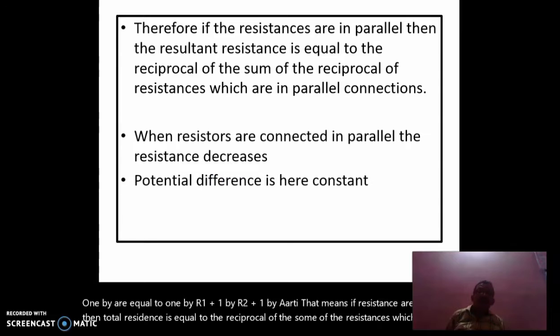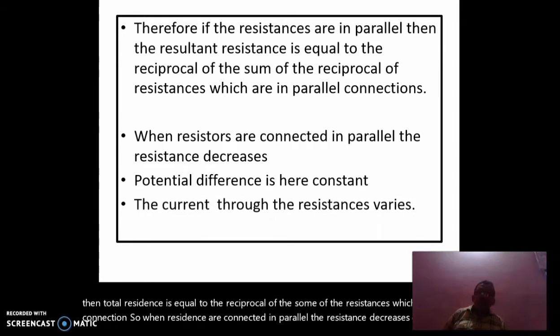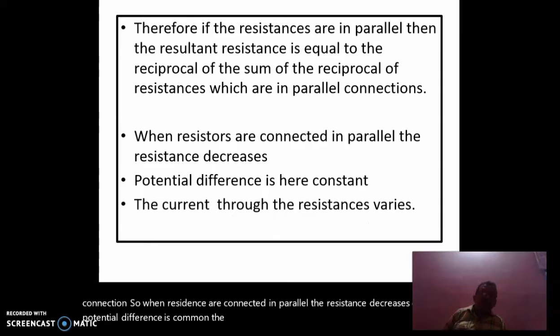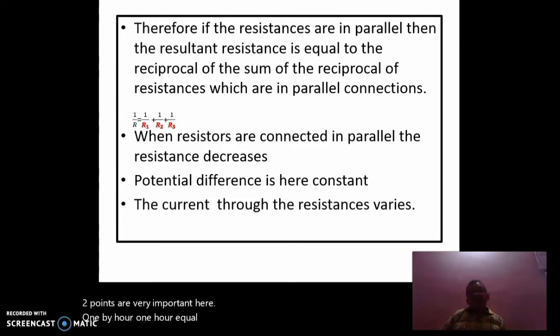So when resistances are connected in parallel, the resistance decreases. Potential difference is common. The current through the resistances varies. Okay, these 2 points are very important. When connected in parallel, 1 by R equals 1 by R1 plus 1 by R2 plus 1 by R3.